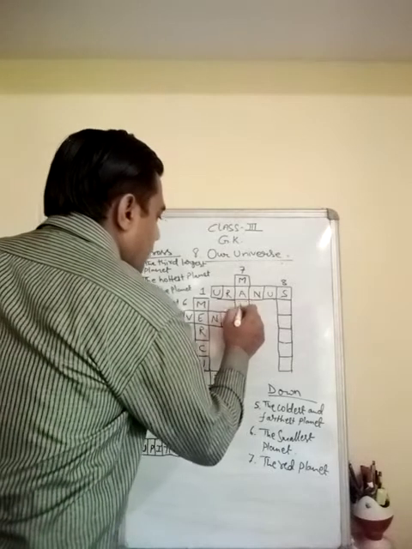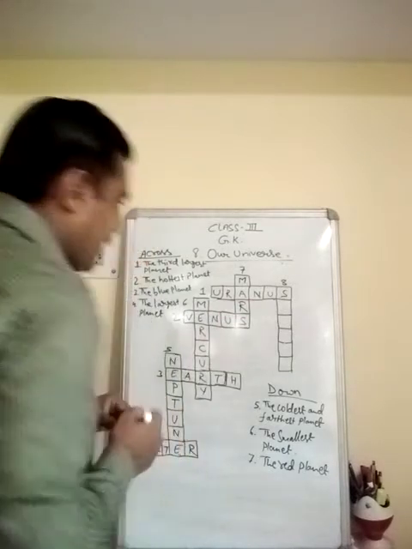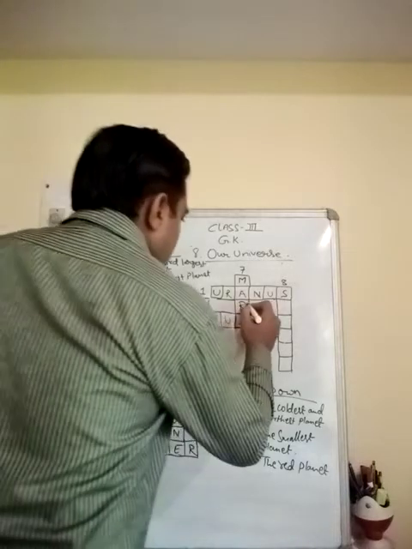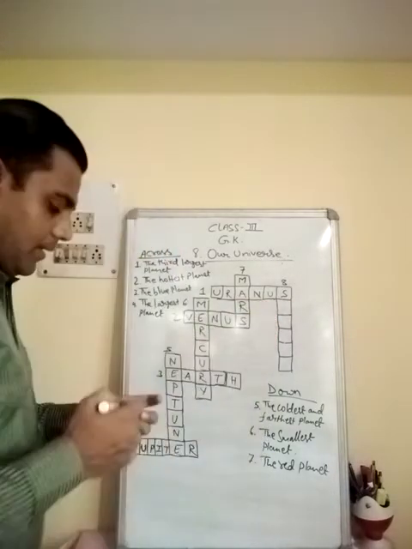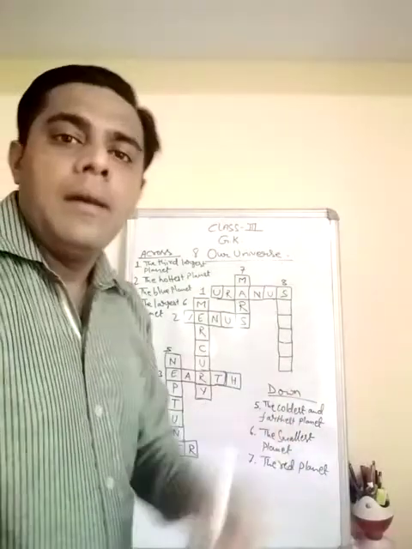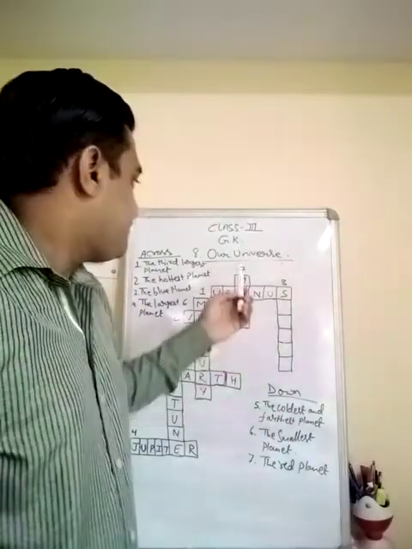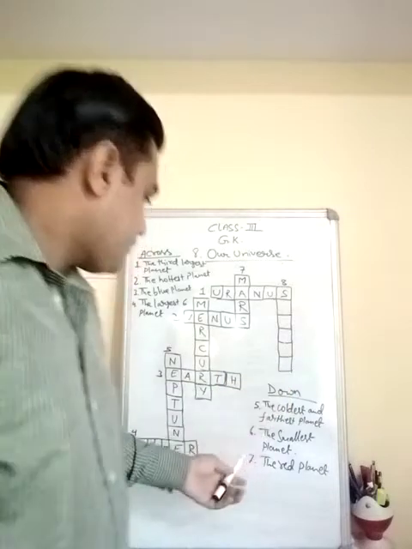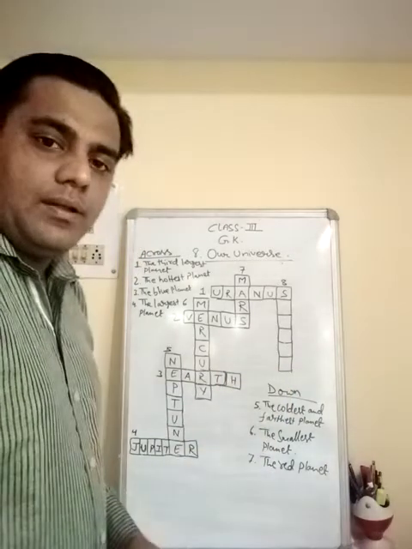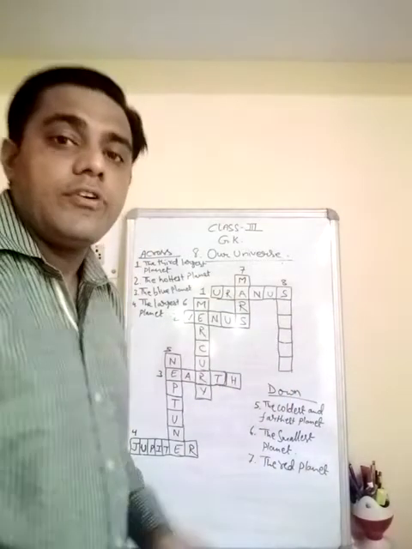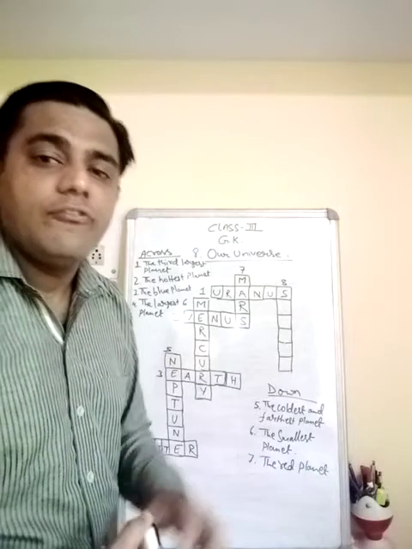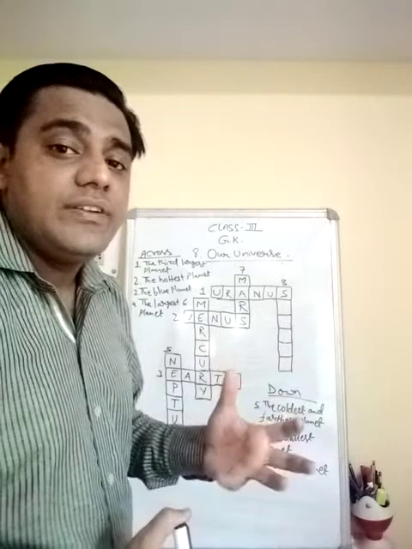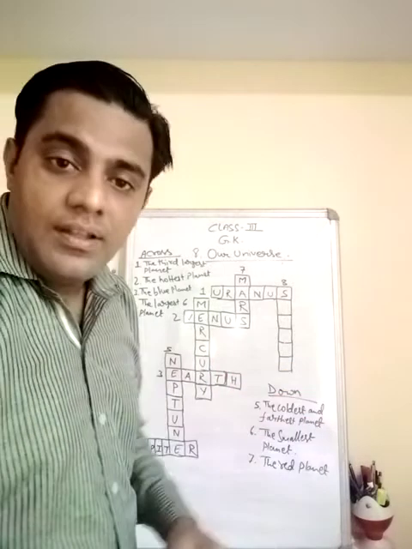All we have to do is add one letter here, R. So our answer becomes M-A-R-S, Mars. So that's our number 7. Now children, Mars is referred to as the red planet because its surface, the soil, is full of iron, which gives it its distinctive red color.